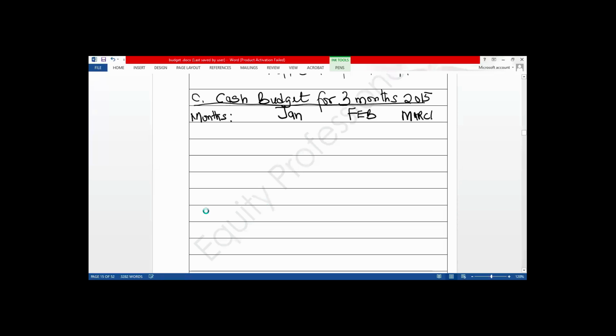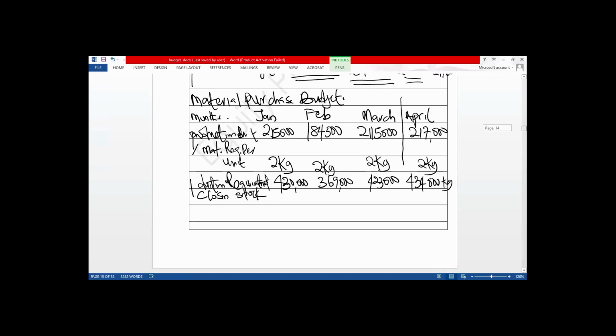For this cash budget, we are going to talk about paragraph 3 and 4. Let's go to the paragraph. Cash received.